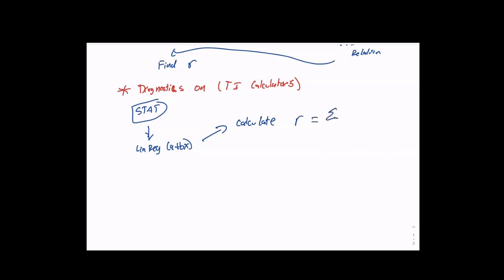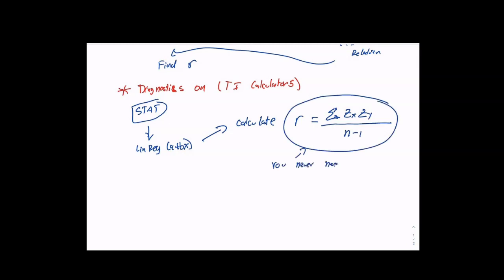What it really does is, for every single problem, it finds the z-score for x, times the z-score of y, and it multiplies them together, and it divides by n minus 1. Now, you never need to use the formula.